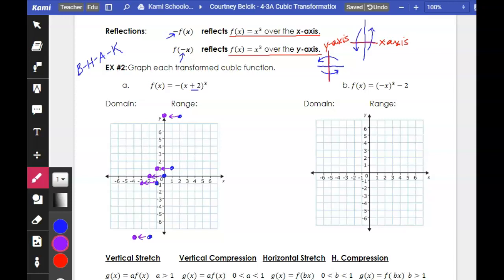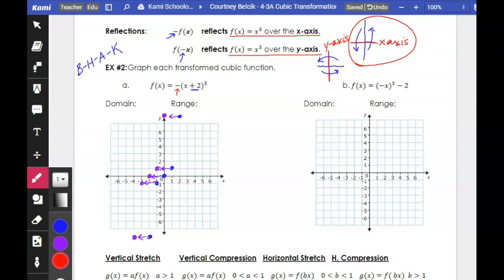So that takes care of my shift to the left. And then finally, I have this negative right here, and it's outside of the parentheses, so that means it's vertical. A vertical reflection means I'm changing things up and down. That means that I am reflecting over the x-axis here.